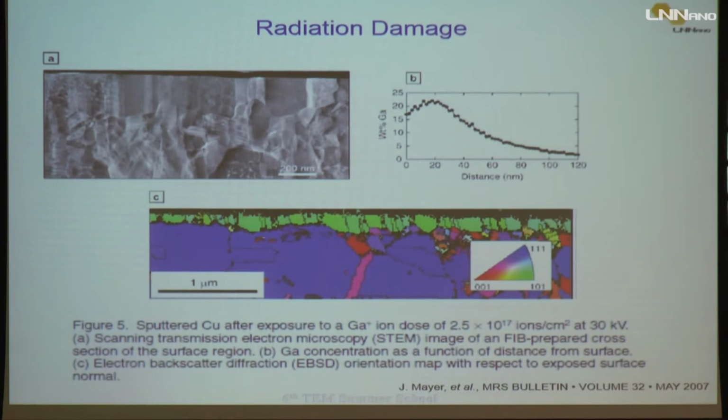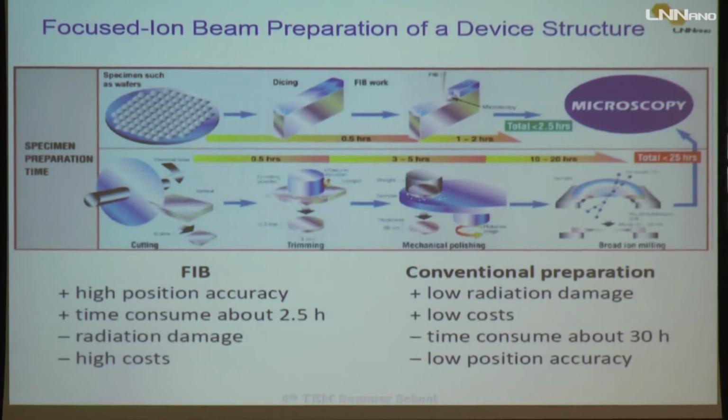There was a change in the orientation of the crystallites that compose this material, caused by the action of the accelerated gallium ions. So just be aware that this technique is very nice, but it causes this kind of damage in your material.